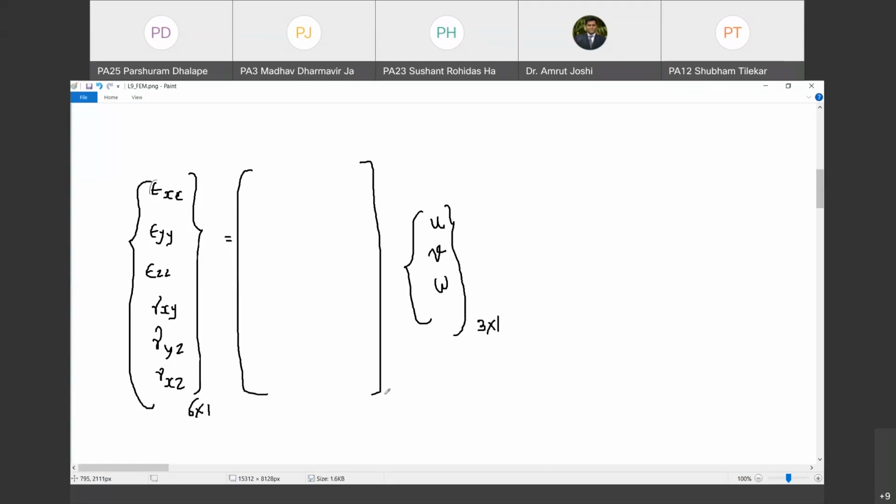This matrix is going to have a size of 6 cross 3.